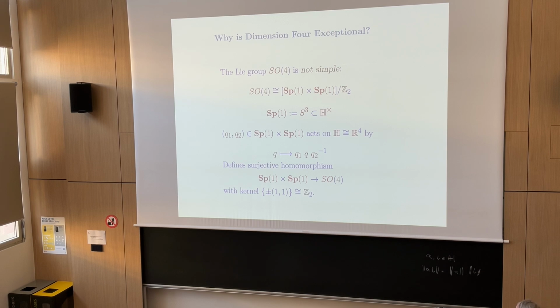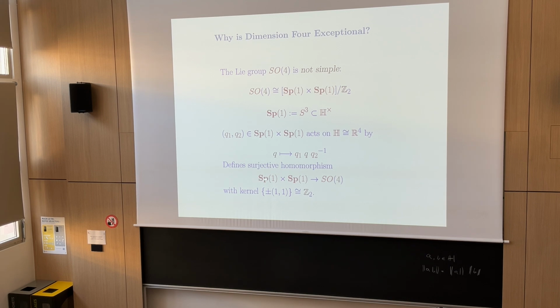This is also a connected group, so the image of SP1 times SP1 is a connected subgroup not just of the orthogonal group, but rather of its identity component, which is SO4. And the cute point is that SO4 has dimension 6. This is a 6-dimensional Lie group. You can check on the level of things very close to the identity that the corresponding morphism of Lie groups is injective, so this must be a covering map.